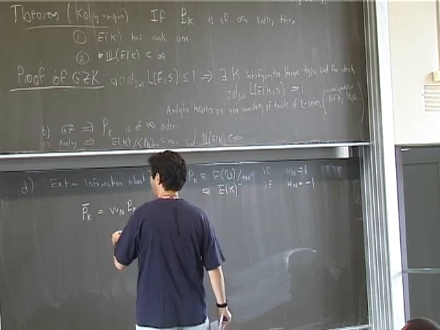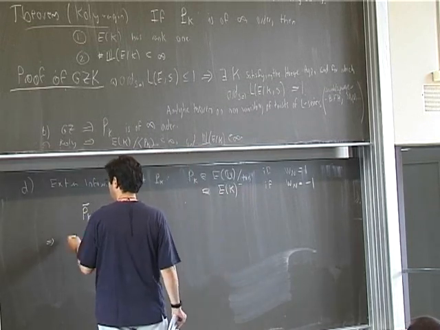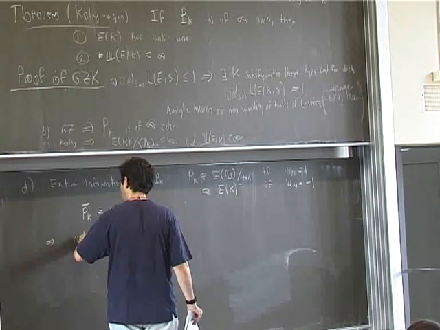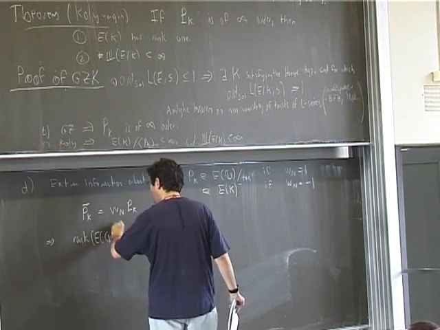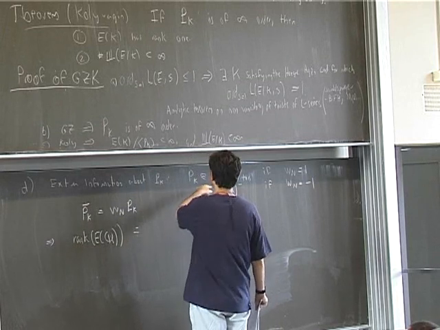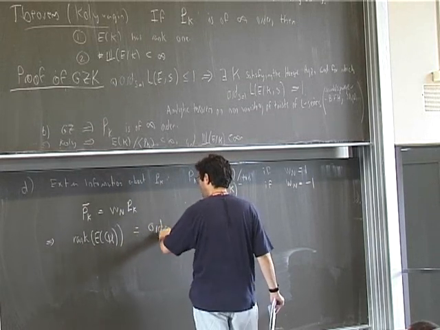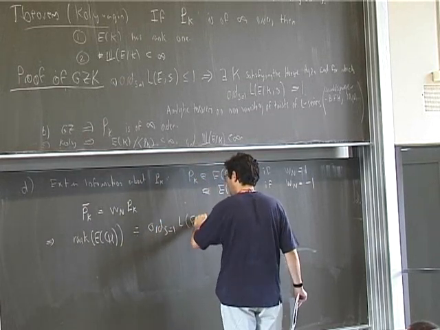And so now you can piece this back together, and you find that the rank of E of Q is either 0 or 1, depending on the sign of W_N, in other words, depending on the order of vanishing of this L series.